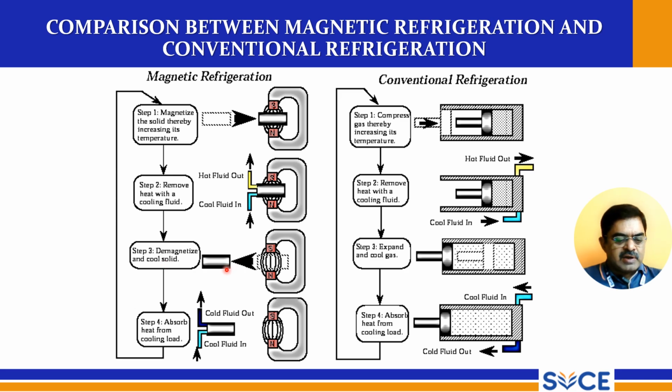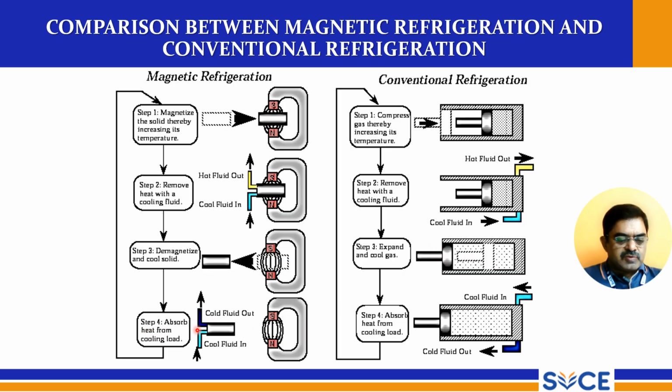Now we are taking the solid out of the magnetic field, which is demagnetization, and then the solid is cooled. Whereas here, we expand the cool gas through a throttle or expansion device.